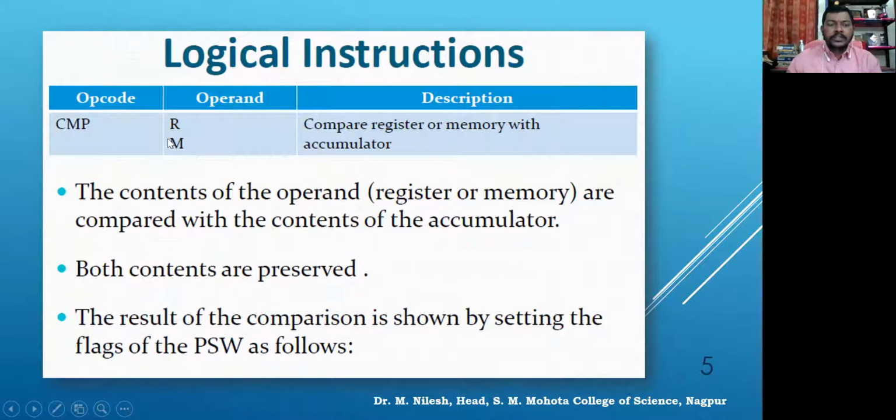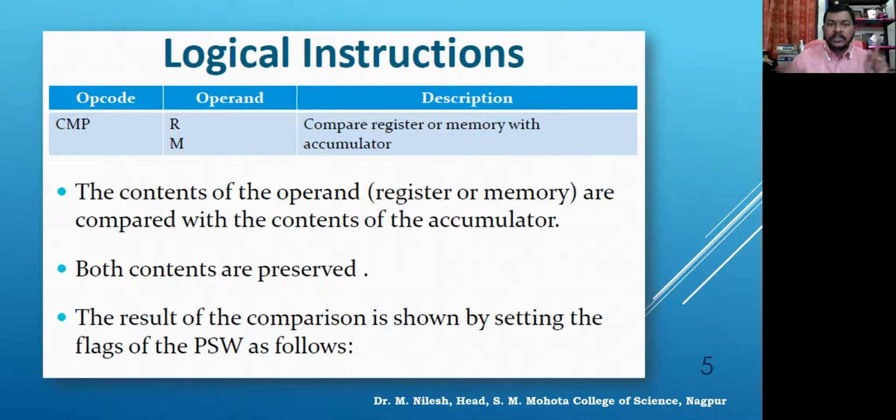Similarly, the contents of the memory location specified by the HL pair are compared with the accumulator. What it actually does is subtract the contents of the register or memory location from the accumulator without changing the contents, right?